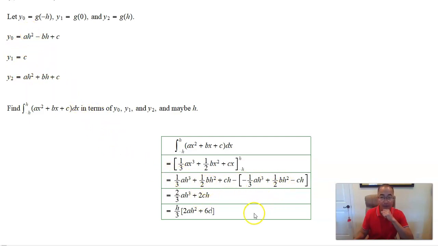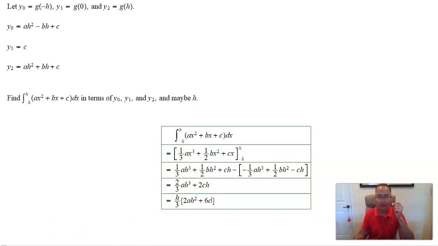No, the bh squares cancel. There is no b. So I want this b and that b to cancel out. What's an easier way to cancel them out? Just add them together. Minus and plus will cancel out. And when you add y0 and y2, you will get 2ah squared. And that is exactly what I need. But wait a minute. I will get only plus 2c. I need 6c. Okay? So far, okay? So far, I will take y0 and add y2.